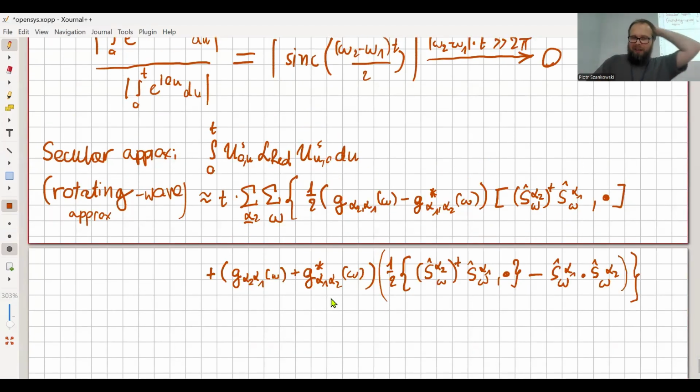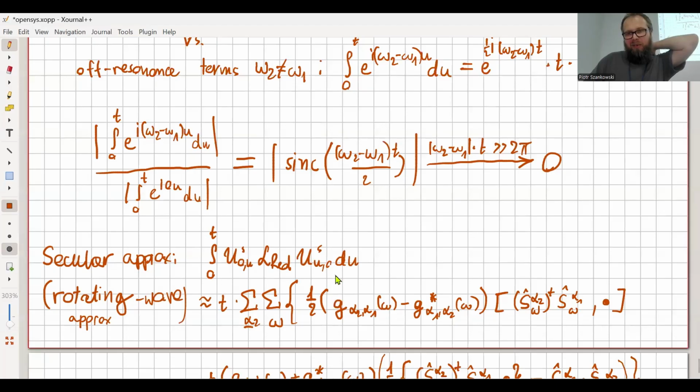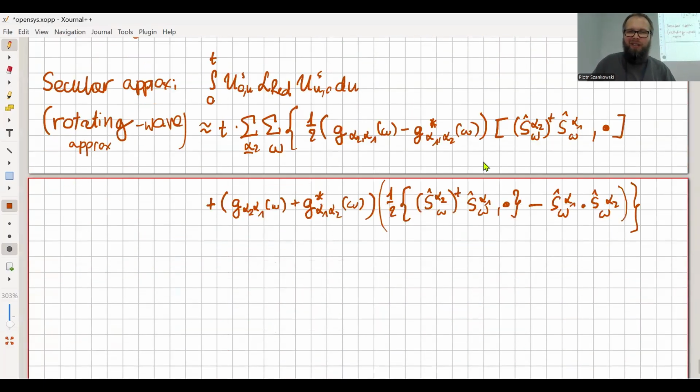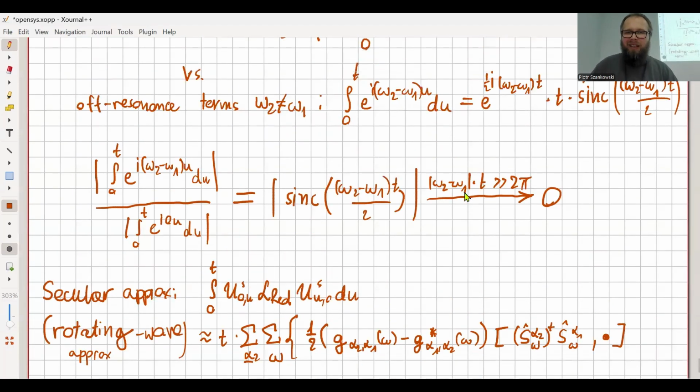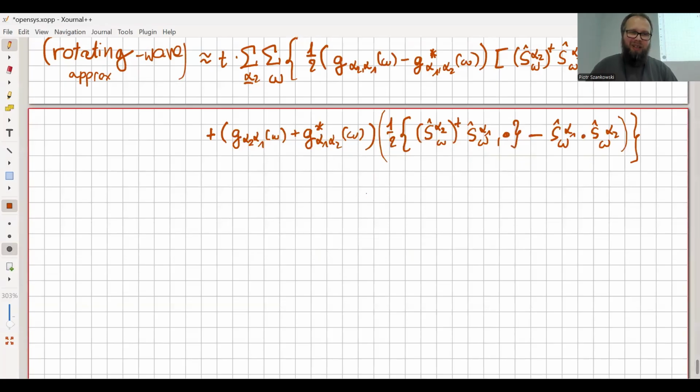So to have this approximation work well, t has to be long enough, okay? So you can find it has to be long in comparison to what? Well, it's not so difficult to find, because you basically need to find the most problematic combination of omegas, that is the smallest one.